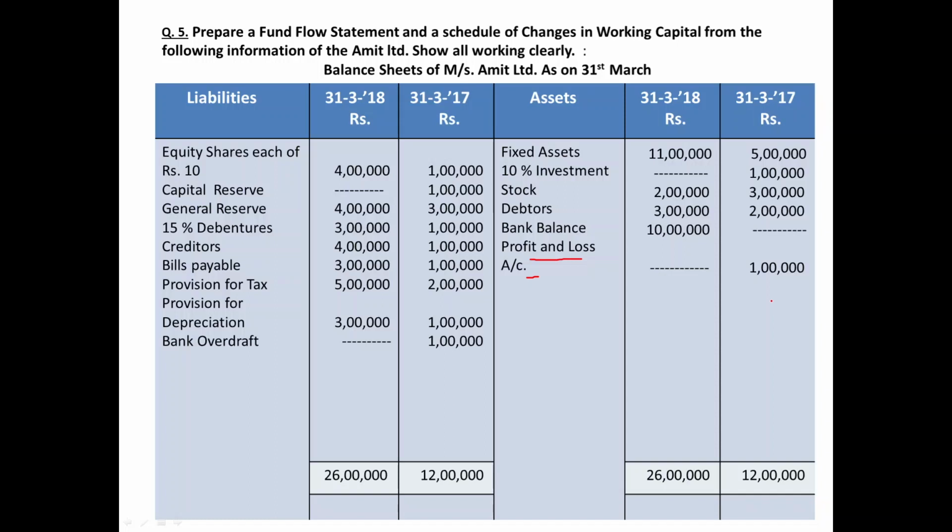Till the last question, in all the previous four questions, balance of profit and loss appropriation account were given on the liability side, while over here balance has been given on the asset side.